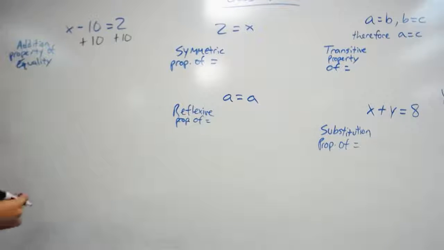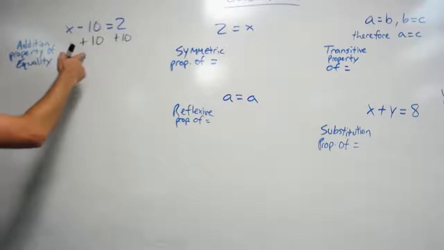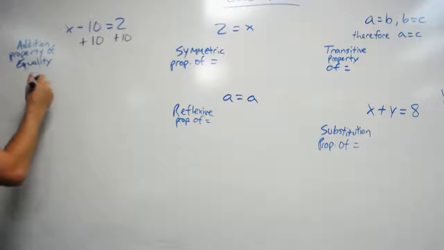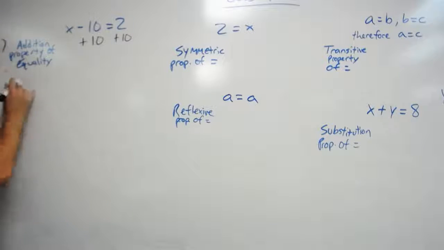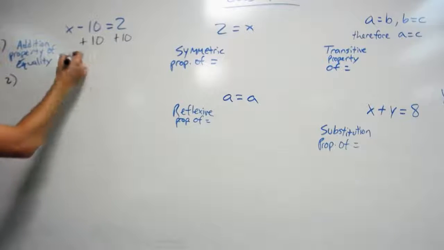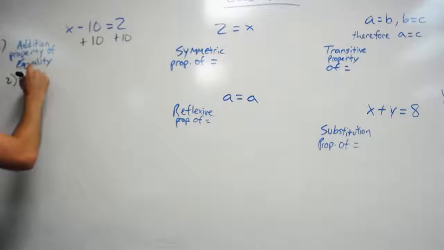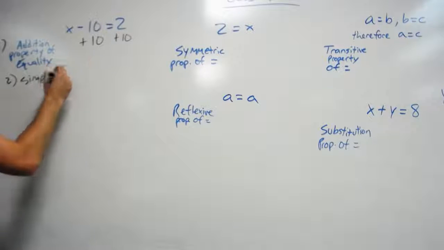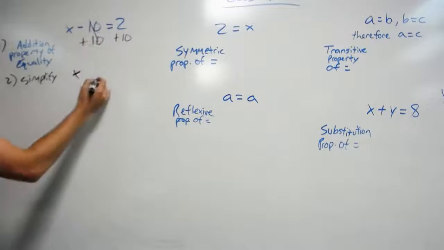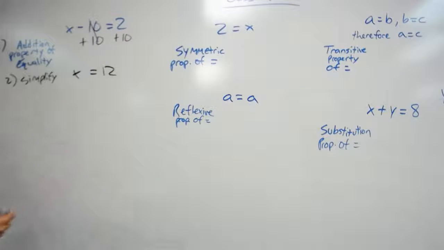What the next step would actually technically be is simplifying. So say this was step 1, step 2 would be simplify. And so then you would get x, those would cancel, equals 12, and that would be your answer. So that's addition property of equality.